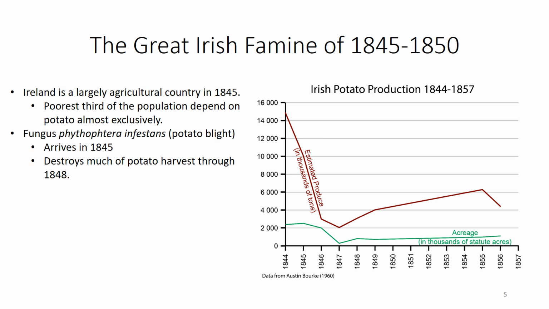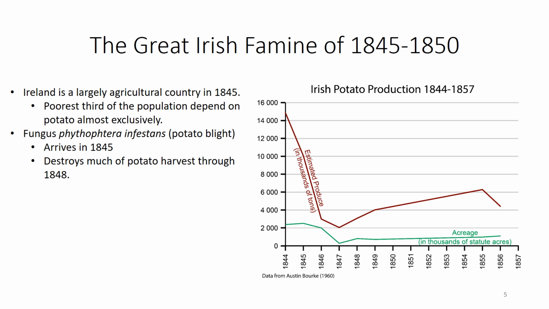In 1845, a fungus that's known as potato blight arrives in Ireland, and it has a catastrophic effect on the potato harvest. So the potato harvest falls a great deal over the following 3 years, and reaches maybe its lowest level in 1847.